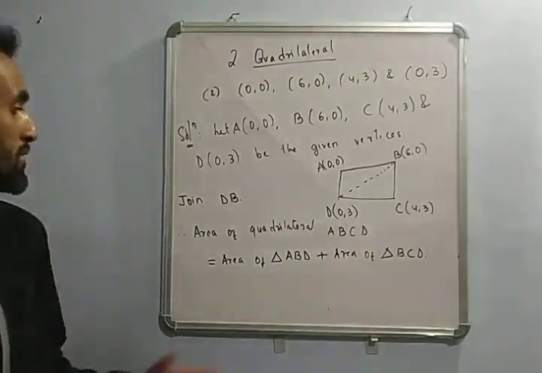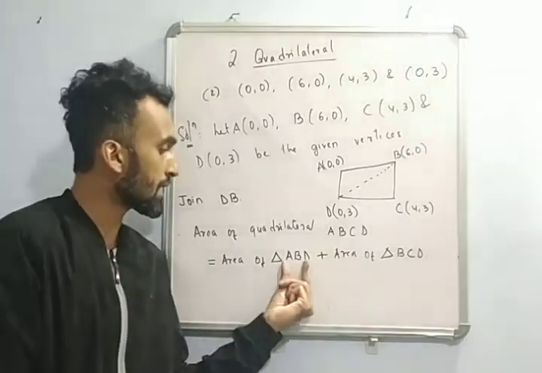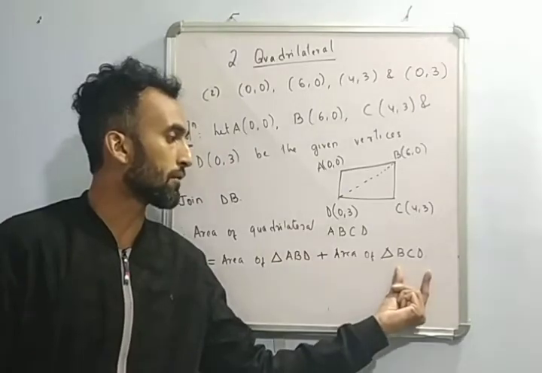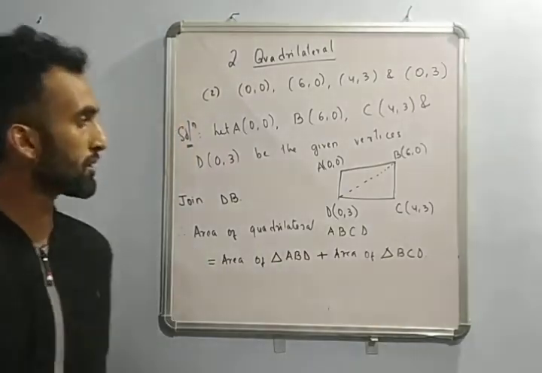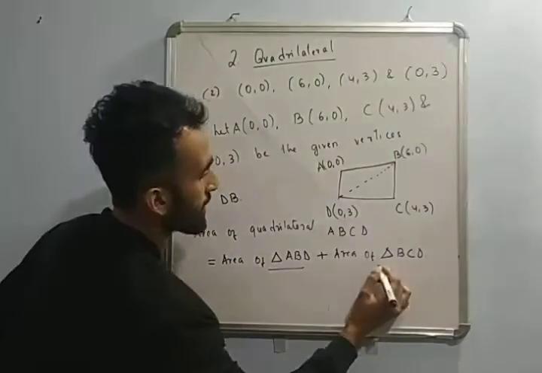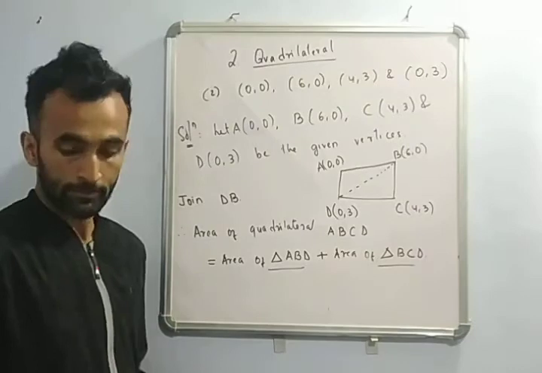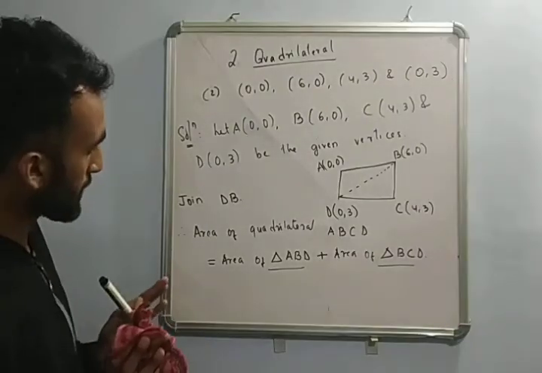So I'll find out separately for this. It's like 2 questions mixed together. Don't worry. First I'll find out the area of this triangle and then the area of this triangle. You can just pause the video because there is no space. First I'll concentrate on this and then this one. Add them up. I'll get the required area of the quadrilateral. So you can pause the video.